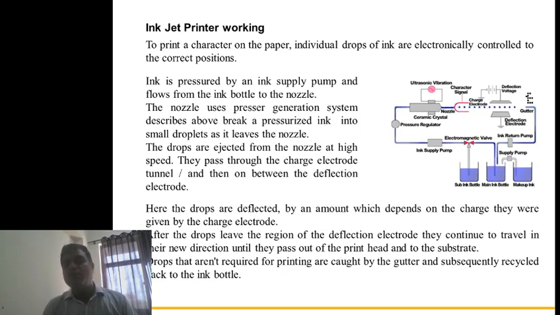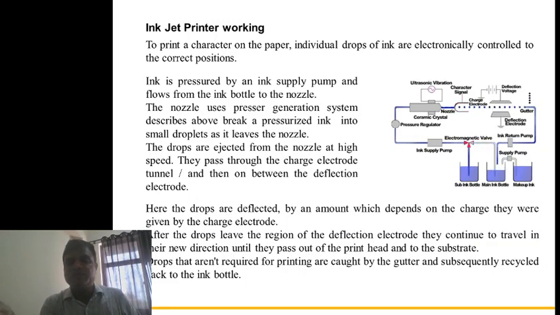Then if you combine both systems, we see the block diagram of inkjet printer working. Here there are ink bottles where ink flows through the ink supply pump. Then it moves to the ceramic crystal where we have the nozzle, and we generate a pressure either by using the thermal generation method or piezoelectric.